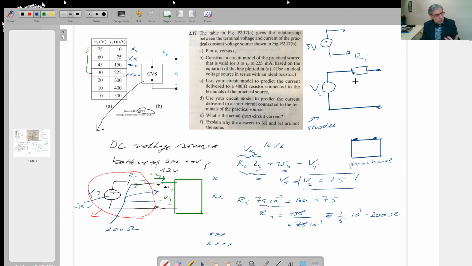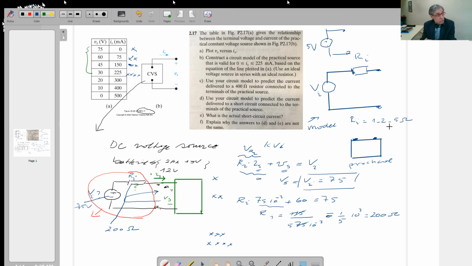How can you say the quality of your practical independent source? Quality depends on what? It depends on this value. If it is small values, if the Ri is in the range of 1 or 2 or 5 ohms, these are small resistance values.